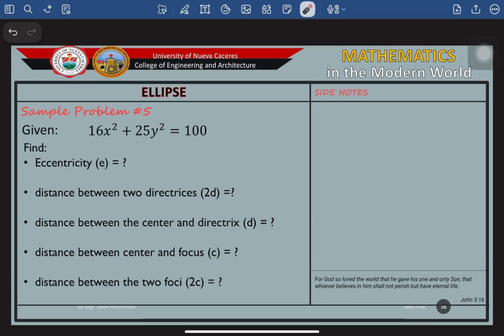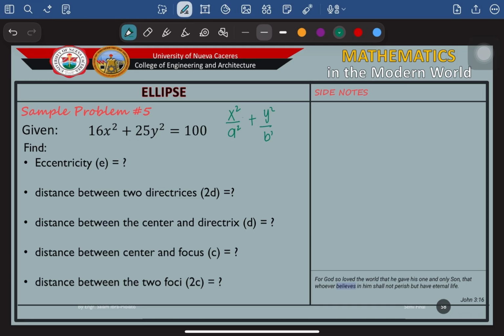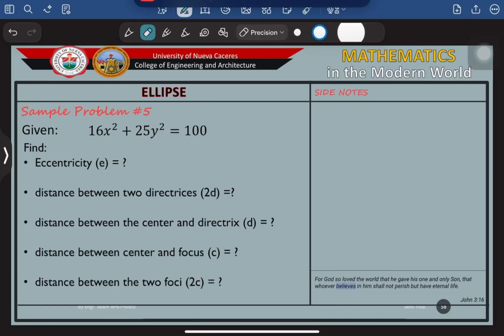So remember that the standard equation, if the center is at the origin, is given by x squared over a squared plus y squared over b squared equals 1.